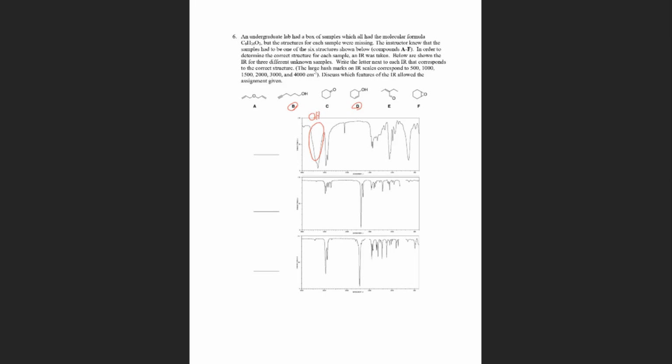B has a C triple bond C. Yep. And then D has an alkene, C double bond C. Where does C triple bond C show up and where does C double bond C show up?